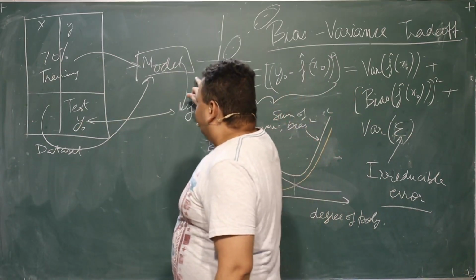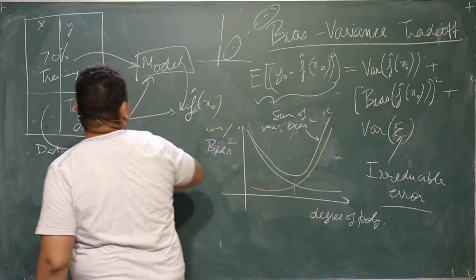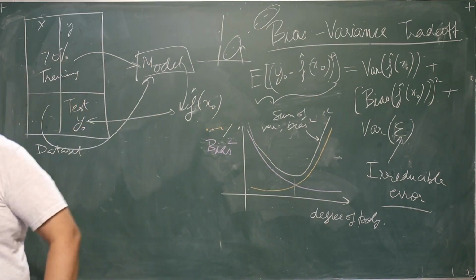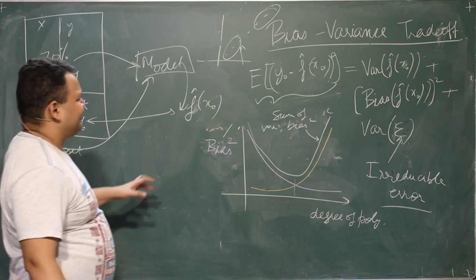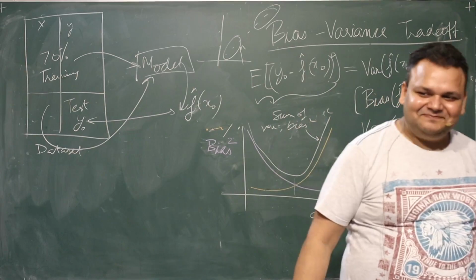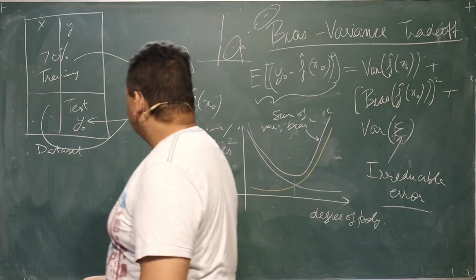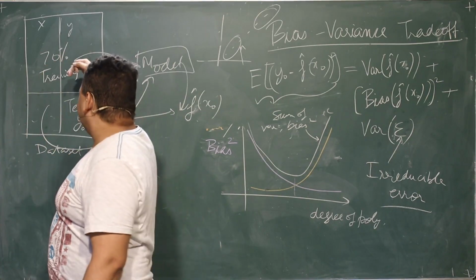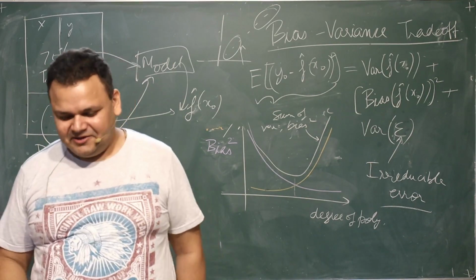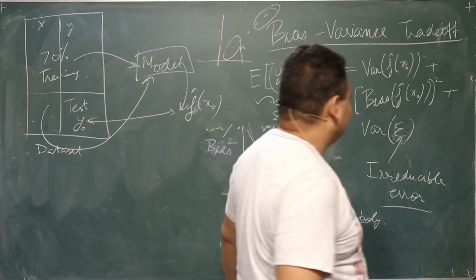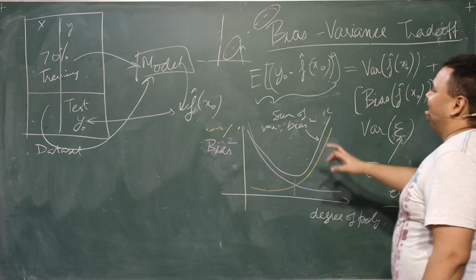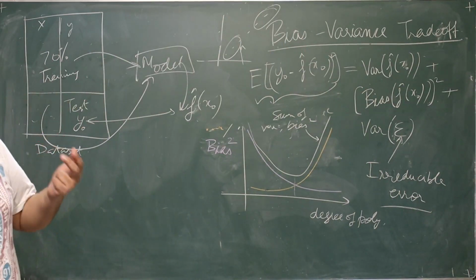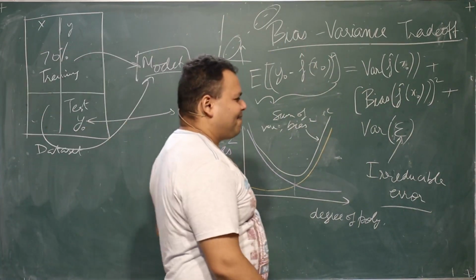Now, can we use something like this for finding out the best degree polynomial that you should use? Can we do something else? So here we divided our data set into two parts, the training data set and your test data set. Can we do something similar to figure out the degree of freedom that your model should have?